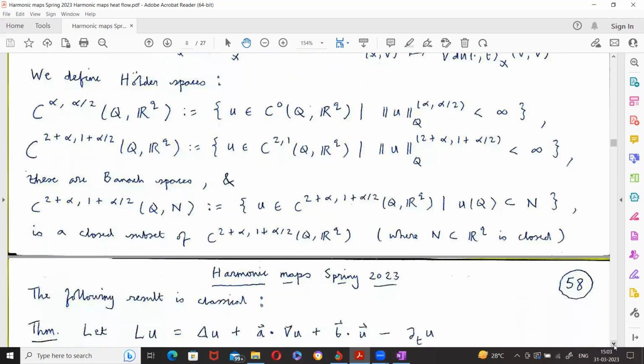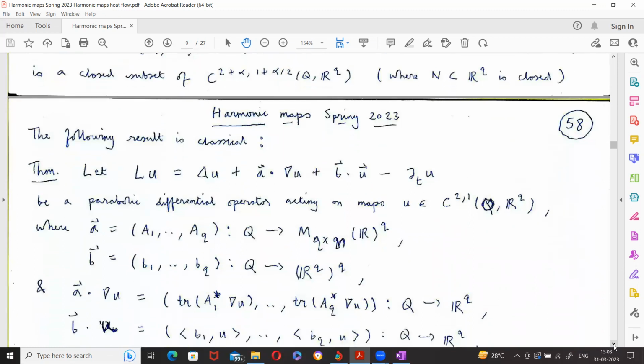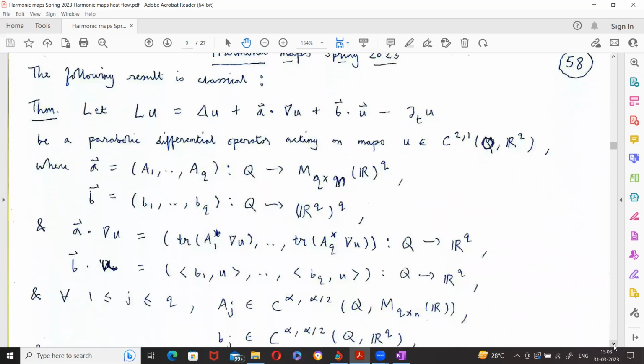All right. Why am I doing all this? Because we want to use the following result, which is a classical result for what are called linear parabolic operators. So a linear parabolic operator means that it's a linear differential operator of second order, where the second order term is just the Laplacian in the space variable, and in the time variable, it's minus the time derivative del t.